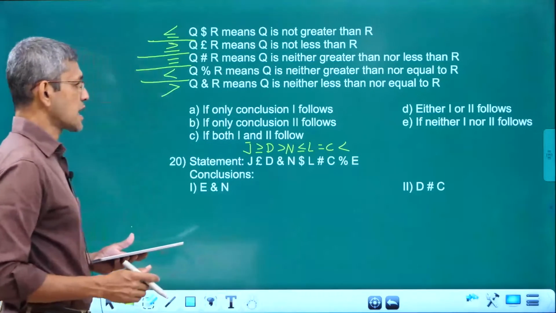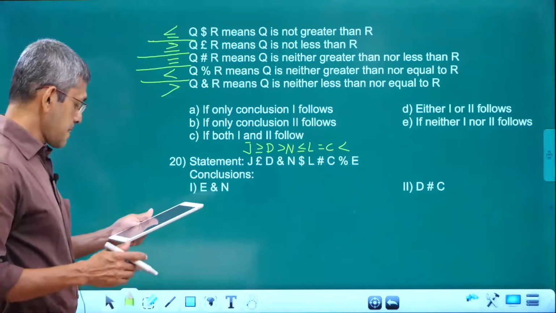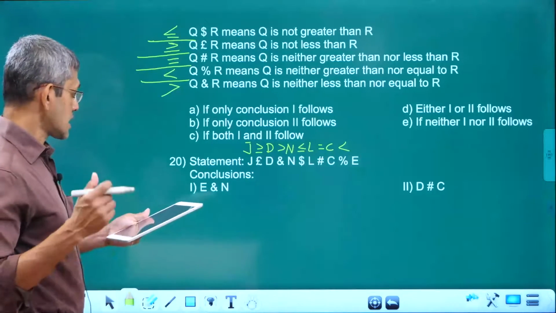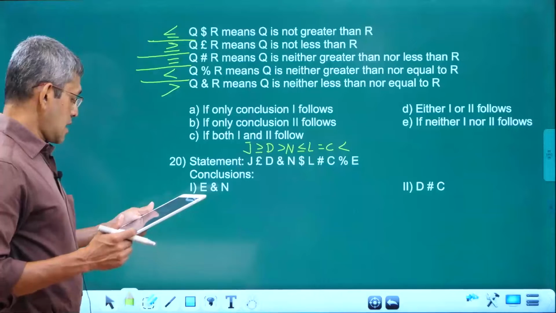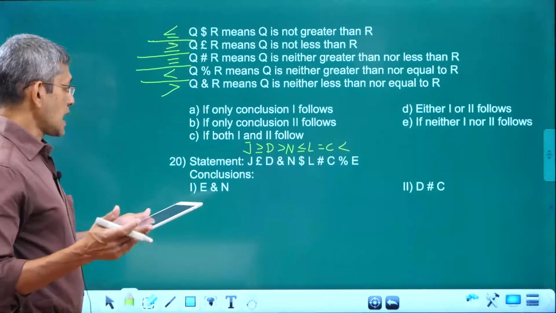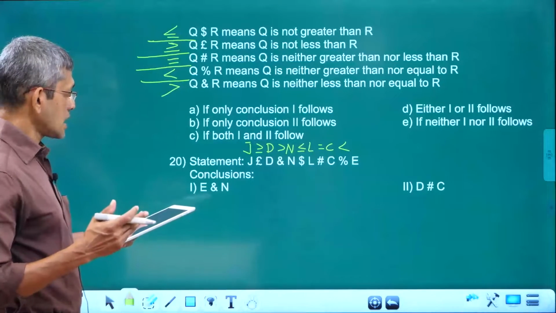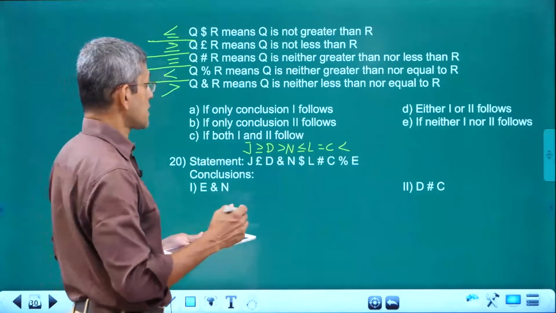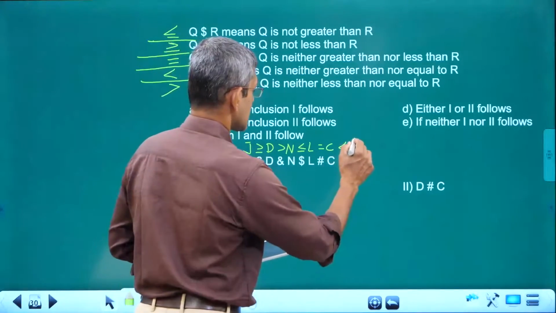So J greater than or equal to D, D is greater than N, N less than or equal to L, L is equal to C, and C less than the last letter, E.